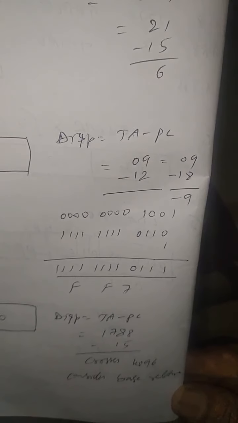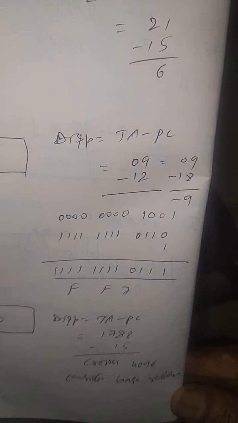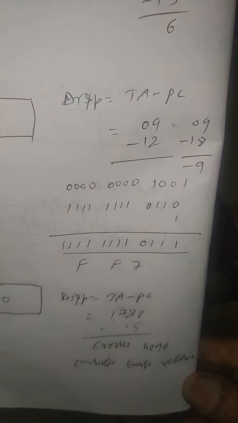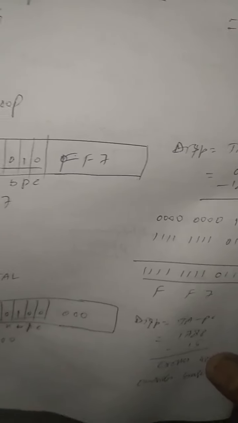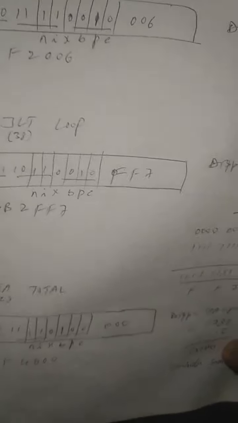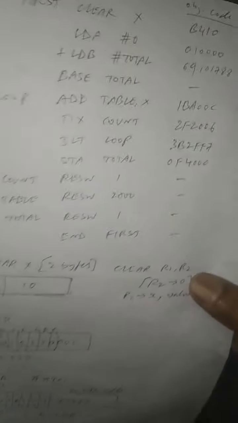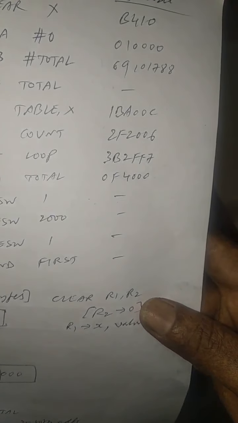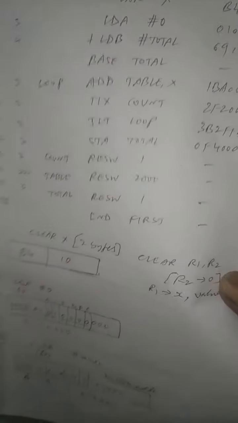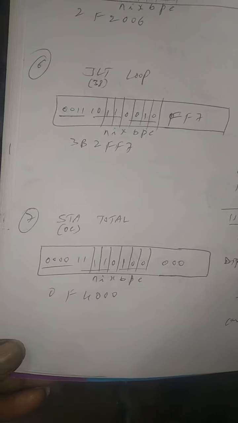If you get a negative value, you have to convert it into 2's complement. So when you convert them into 2's complement, you will get FF7. So that is what I have written here in the displacement field, FF7. So it becomes 3B2FF7.